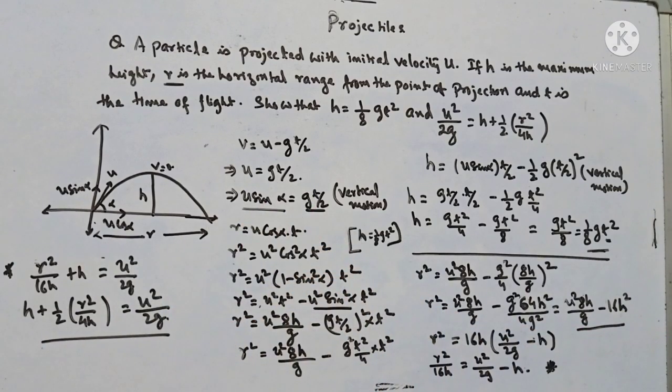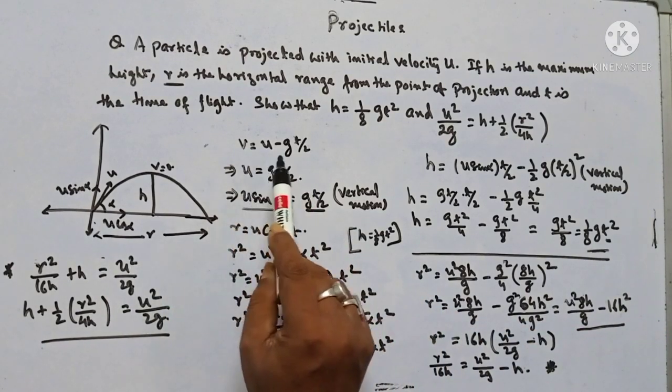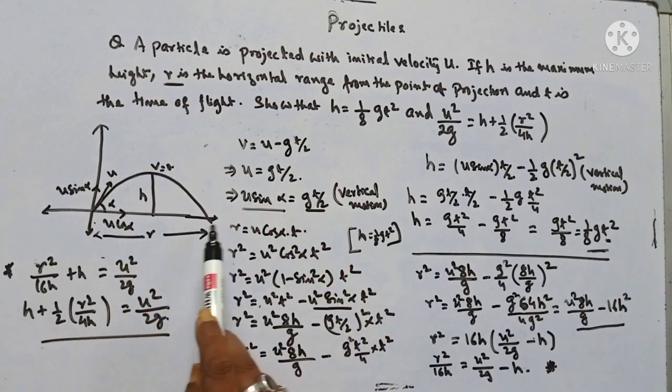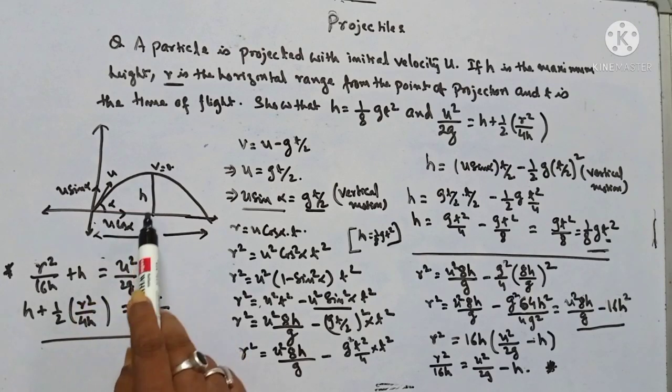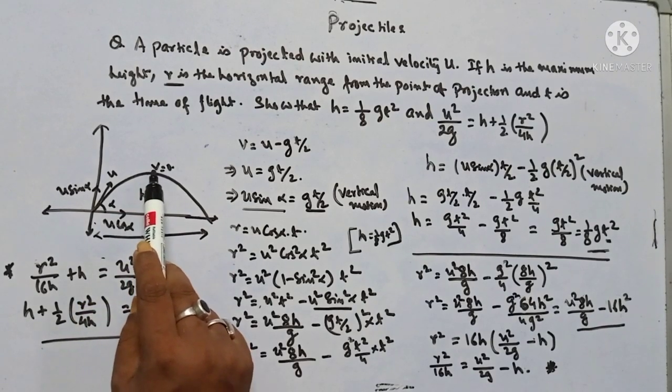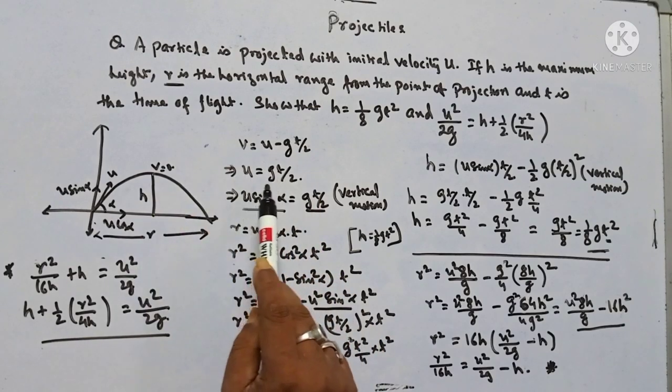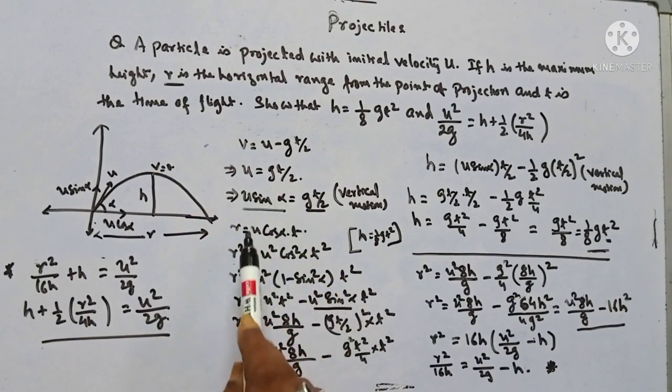This is the projectile motion, and we have taken v is equal to u plus at, where time of flight will be half, because we are considering the maximum height. So your final velocity is 0, so u is equal to gt by 2.